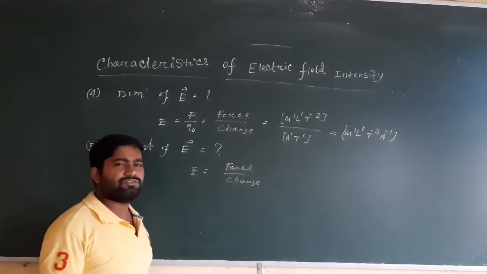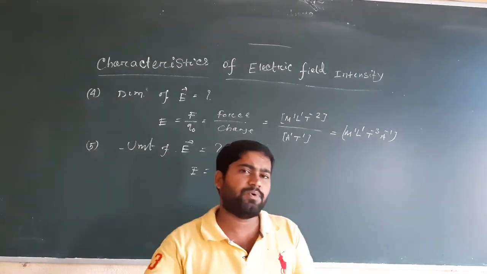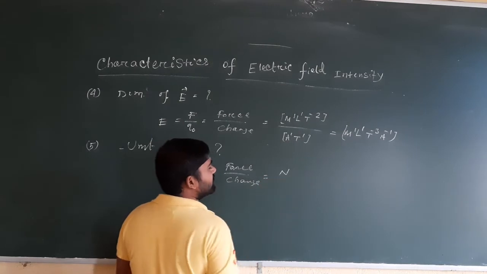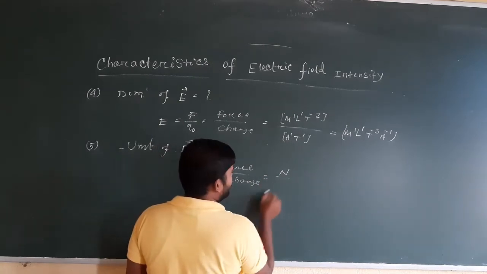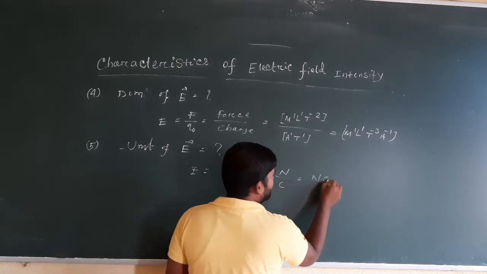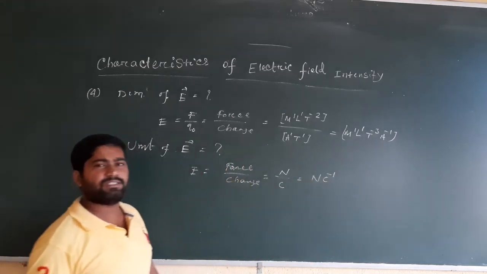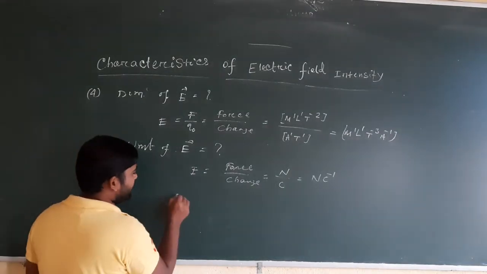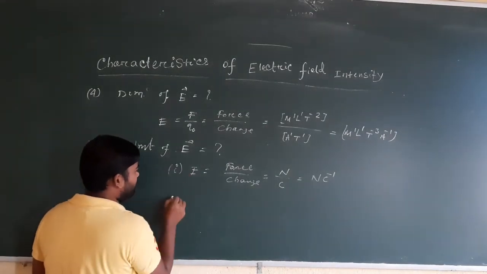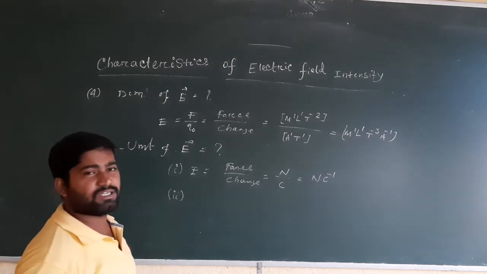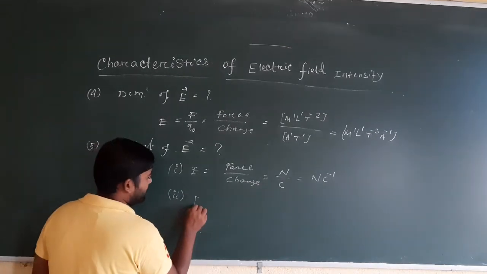The unit of force in the SI system is Newton, and the unit of charge is Coulomb. So the unit of electric field intensity is Newton per Coulomb, N C inverse. Let us take another way of measuring the unit of electric field intensity.